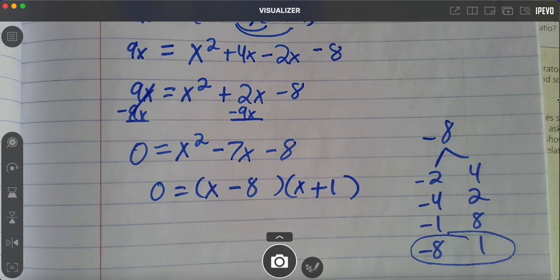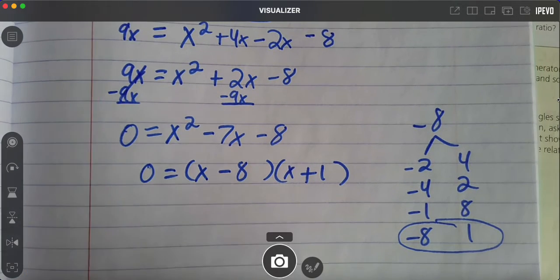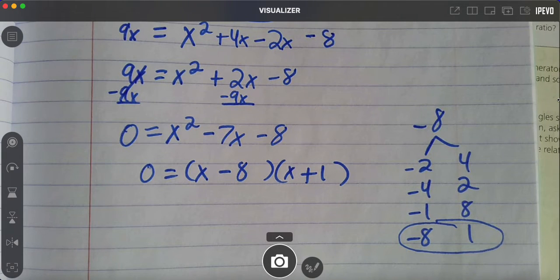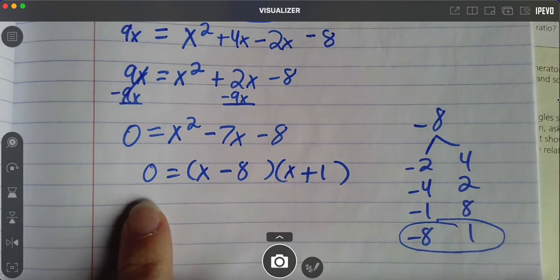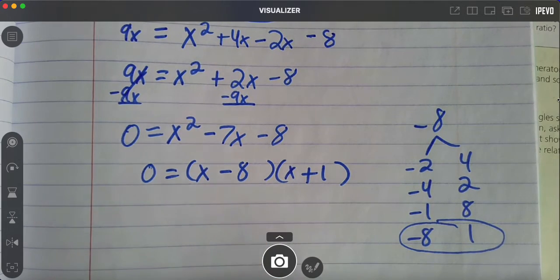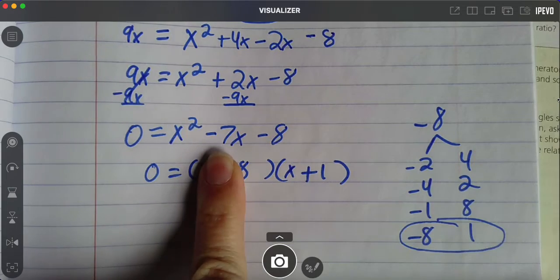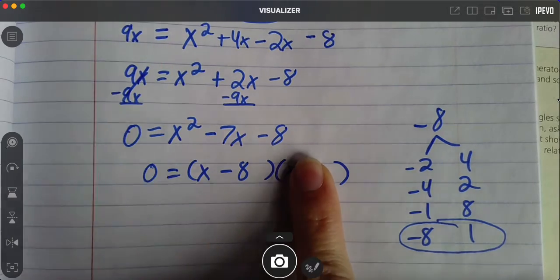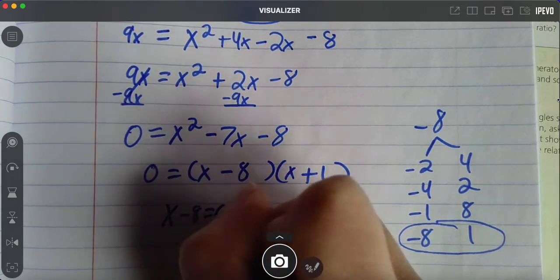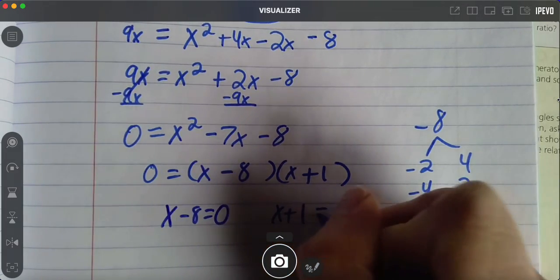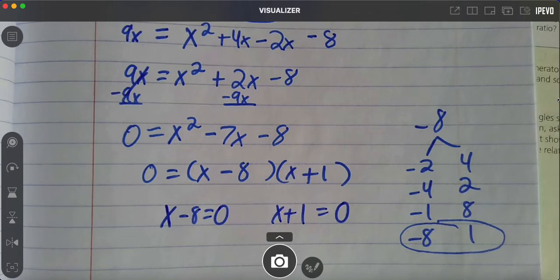Now, to find my two answers, there's two answers that x can be. All right? And this one's really weird why they do two answers. So if I set these both equal to 0 is what I'm going to do. Because if this was 0, everything would go to 0. If this was 0, everything would go to 0. So that's what we're saying. Either this is 0 or that is 0. So what's my x going to be?